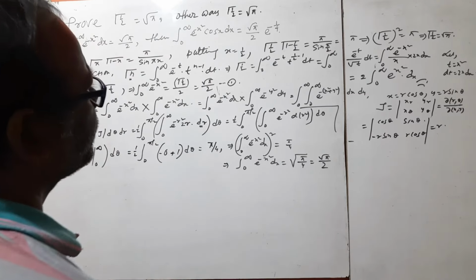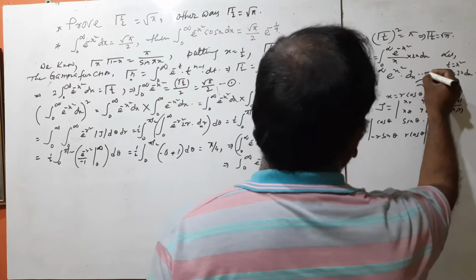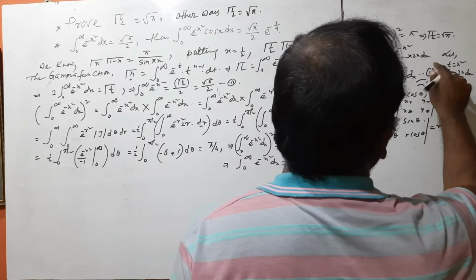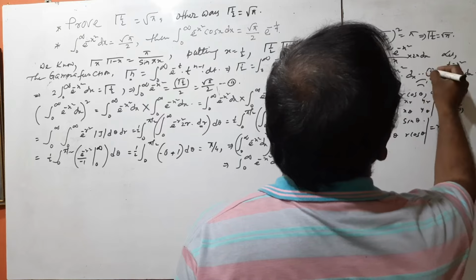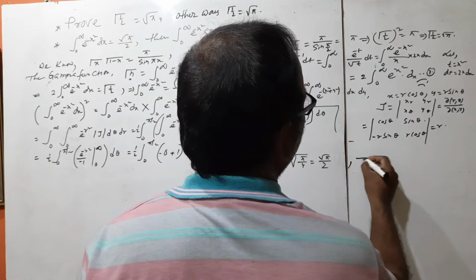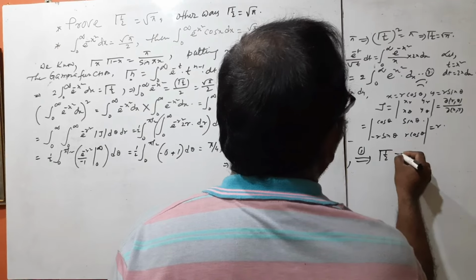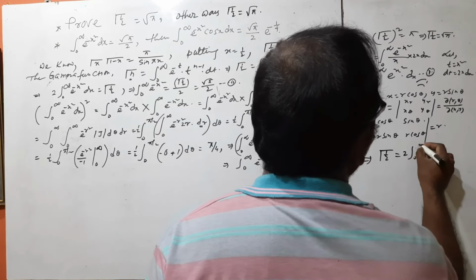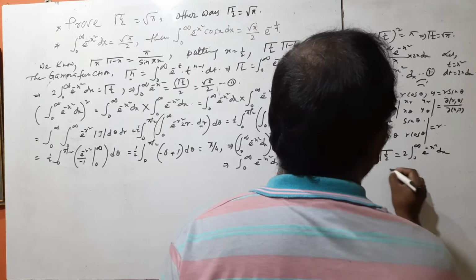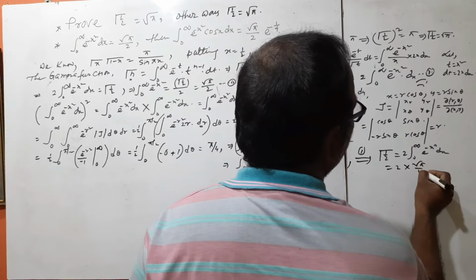Now the required integral is gamma half. Let this be equation 1 and this be equation 2. From 1, we can write gamma half equal to 2 times the integral from 0 to infinity of e to the power minus x square dx, and the value of this is root pi by 2.